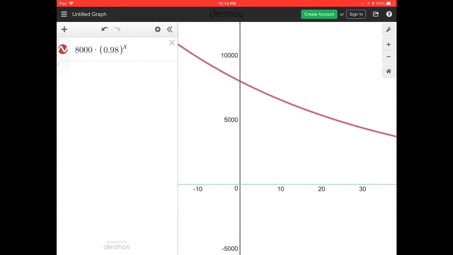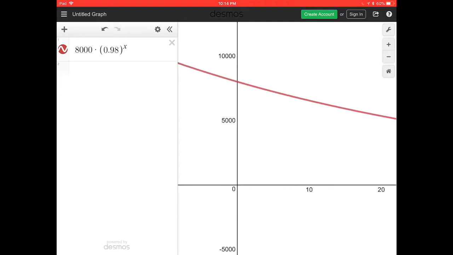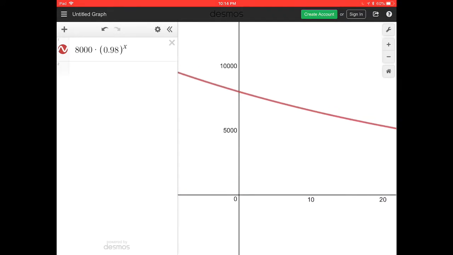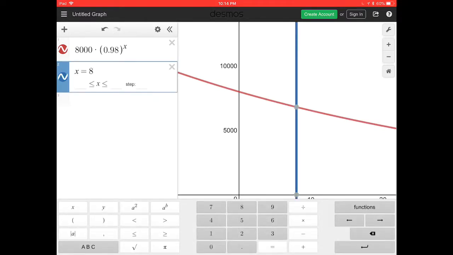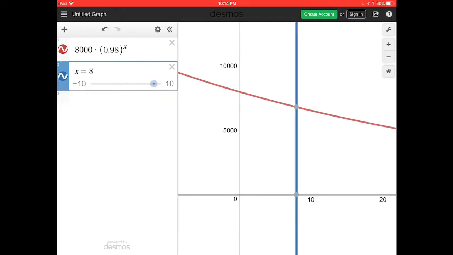The car starts at around $8,000, and we want to find out what happens when x equals 8. So this represents a passage of 8 3-month periods, so 2 years after purchasing the car.